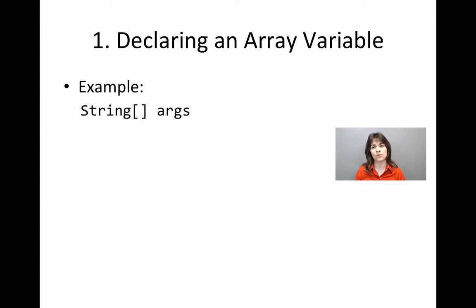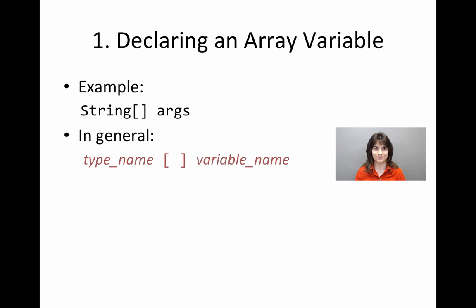We use these square brackets next to a type in order to denote that this variable is actually an array of that type. In general, we will be using the type name, square brackets, and then the variable name. It is also syntactically correct, and will not produce any compile time errors, if you put the square brackets after the variable name.